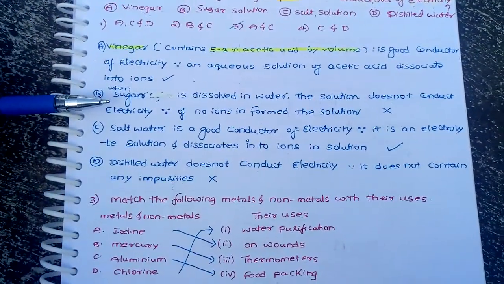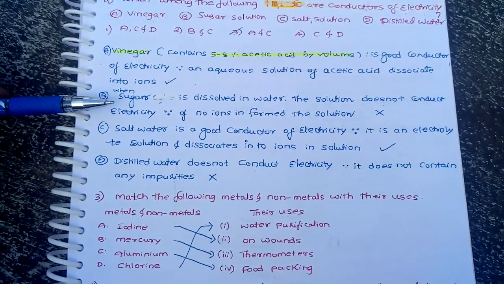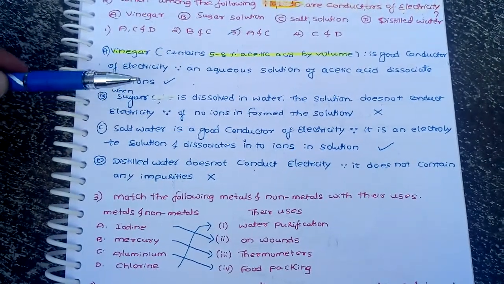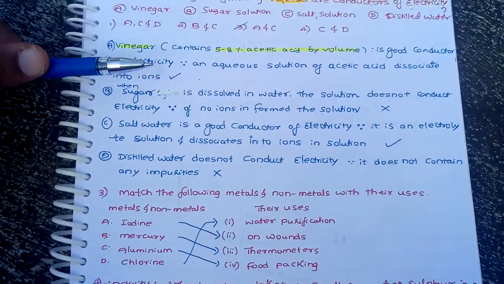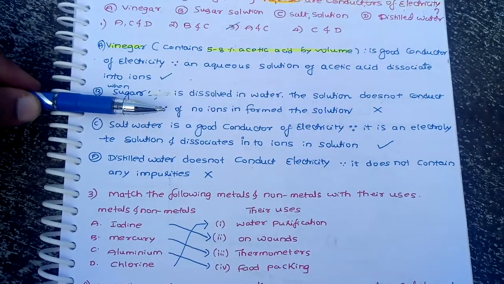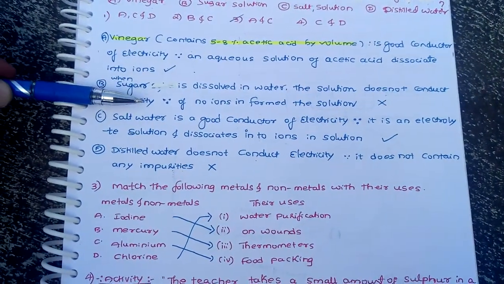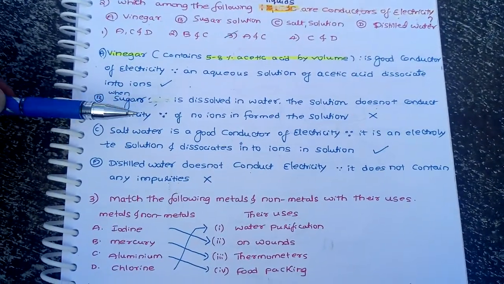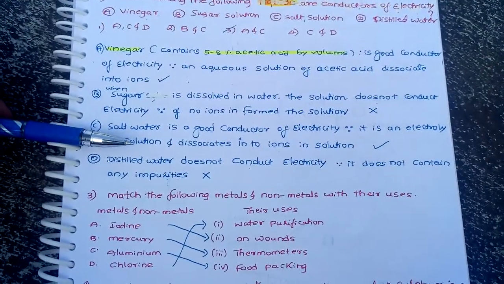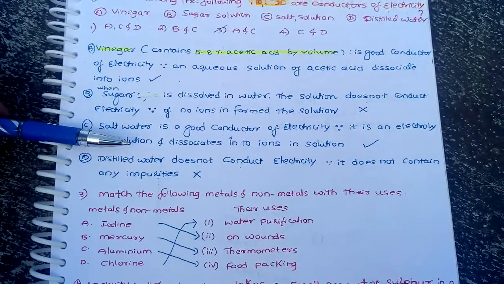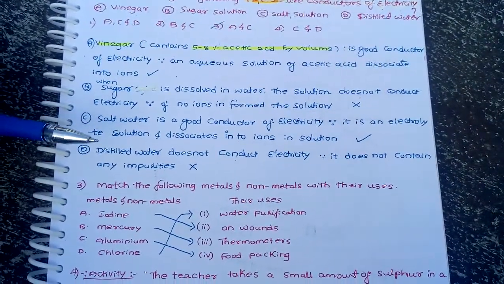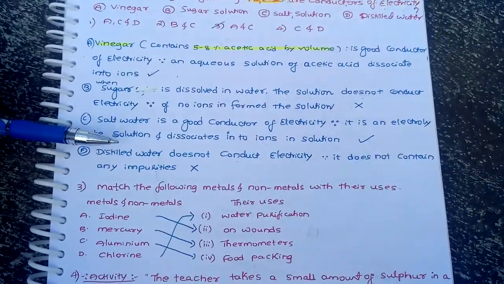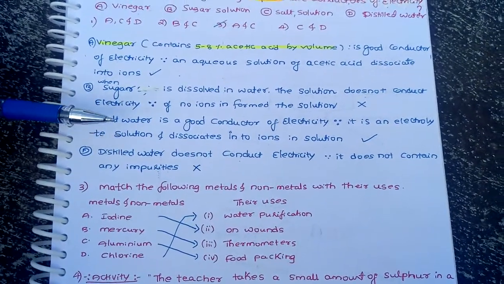And second is sugar solution. When you dissolve sugar in water, it doesn't conduct electricity because no ions are formed in the solution. And third is salt water, a good conductor of electricity because it's an electrolyte solution that dissociates into ions in the solution.